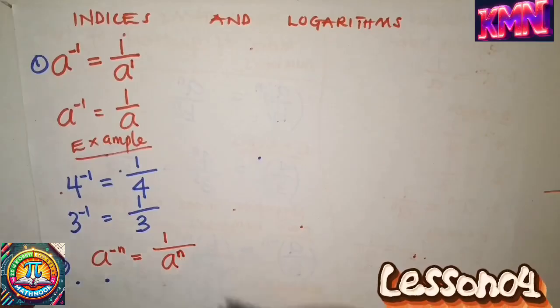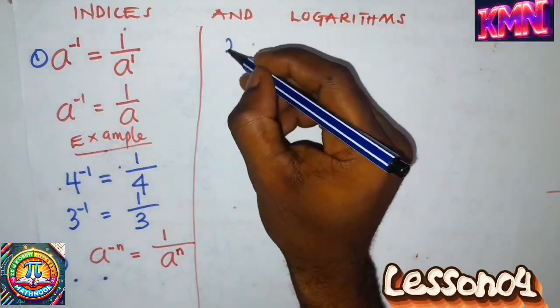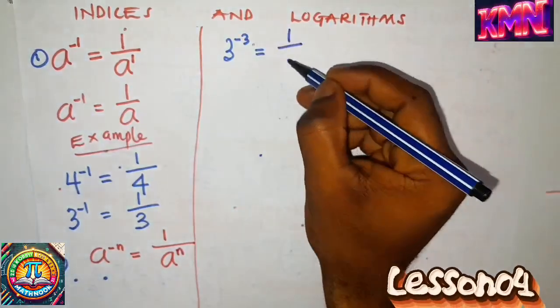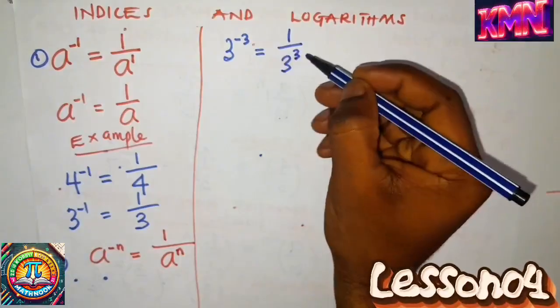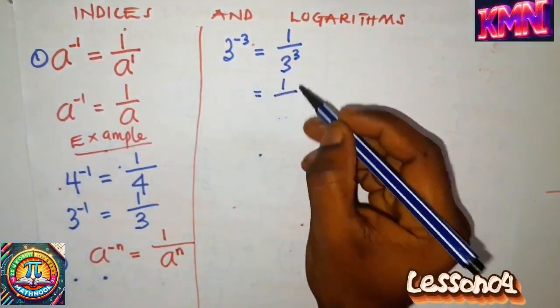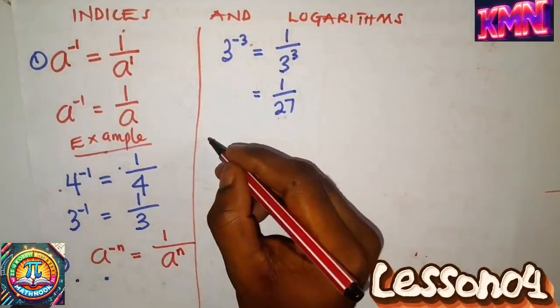Example, 3 exponent -3 can be written as 1 out of 3 exponent 3. If you want to simplify further, 1 out of 3 exponent 3 is what? 1 out of 27.